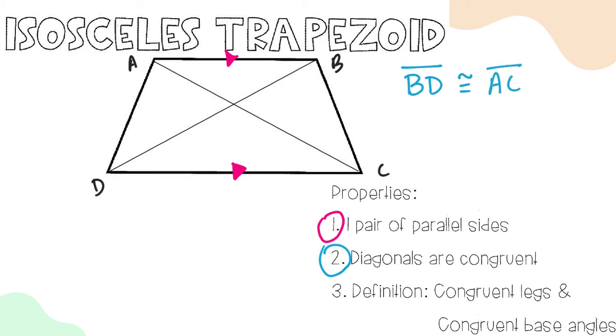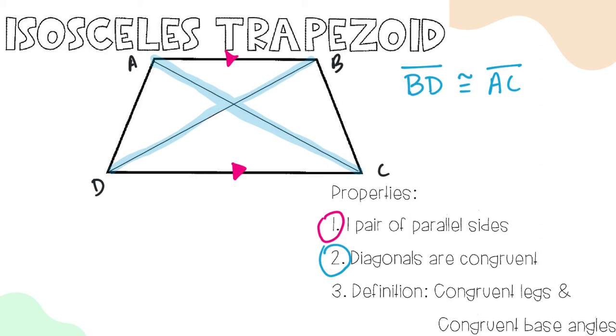But what we don't know is that it's like a parallelogram where it has that the diagonals are bisected. And because we don't know that piece of information, then we can't draw and say that each piece of the diagonals is congruent. Instead, we can just say that those two diagonals as a whole are congruent, but we can't say that the pieces are.